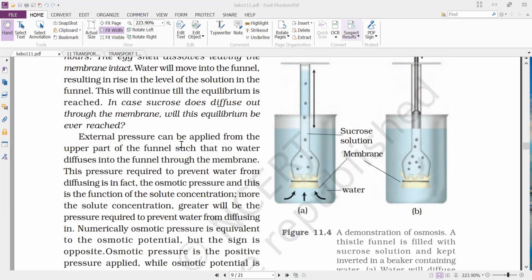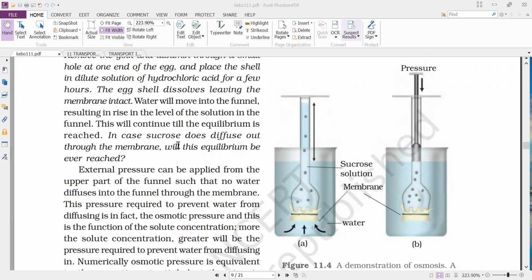Here we can see we have constructed an experimental setup using a thistle funnel. The broad end of the thistle funnel is closed with an egg membrane, a semi-permeable or selectively permeable membrane.